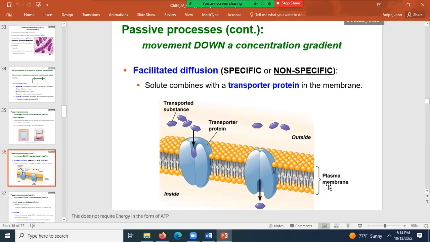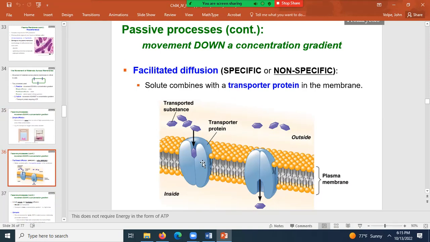We also have facilitated diffusion, where a transport protein moves the molecule either into the cell or outside the cell. Facilitated diffusion transport proteins work where the molecule moves from areas of high concentration to areas of low concentration.